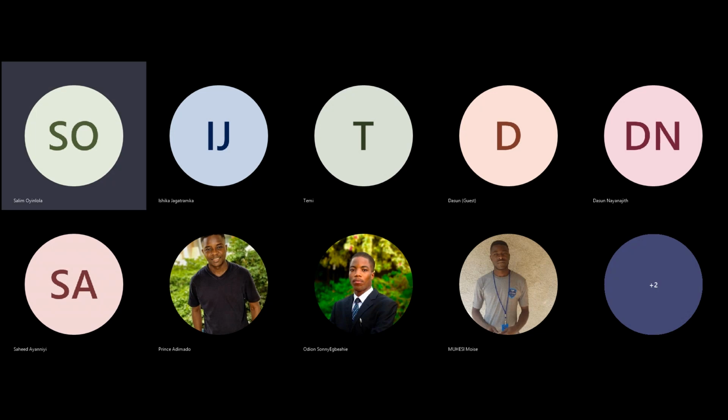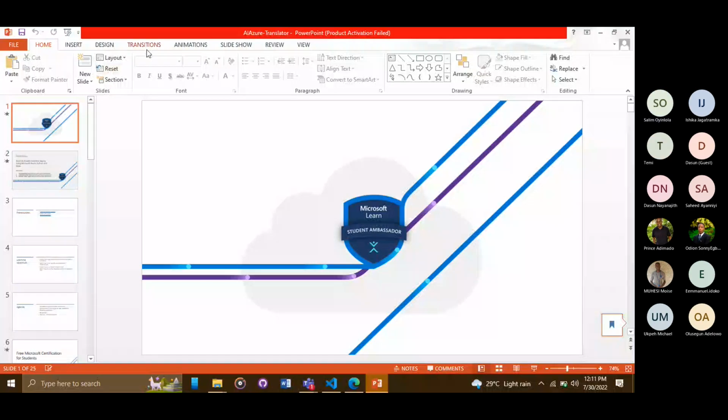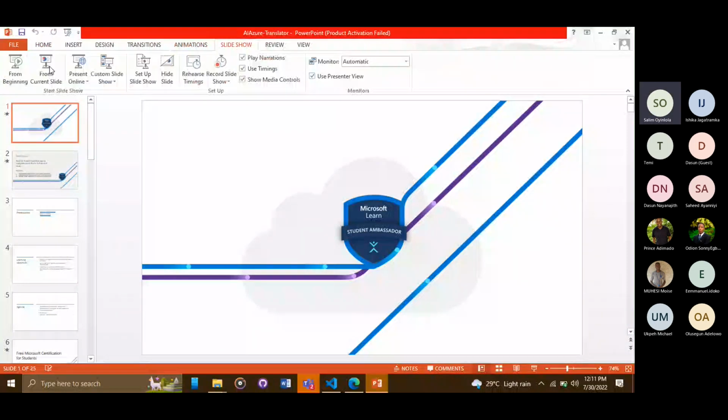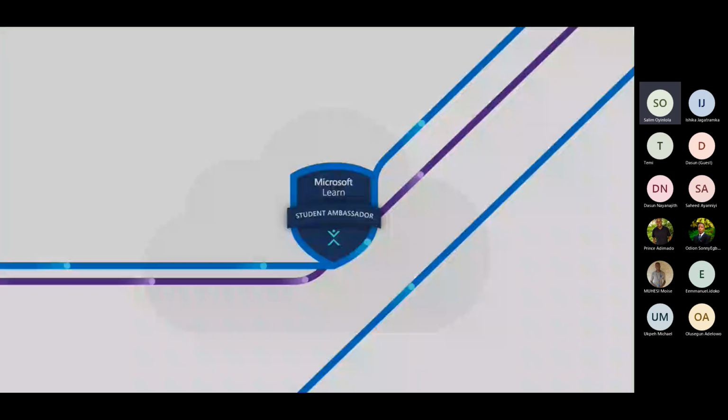Basically, here we go. My name is Salim Munilola. I'm a Microsoft Learn Student Ambassador, and I'm based in Nigeria. I build AI solutions with Python, and I write technical articles on everything between artificial intelligence and cloud computing.